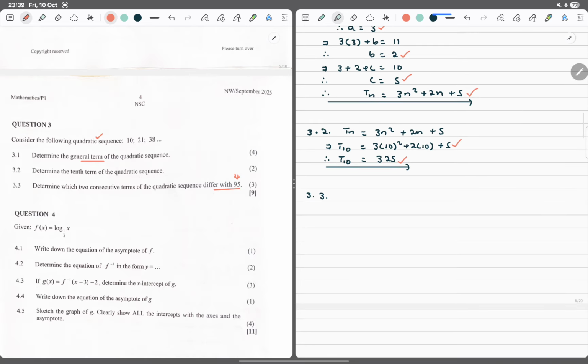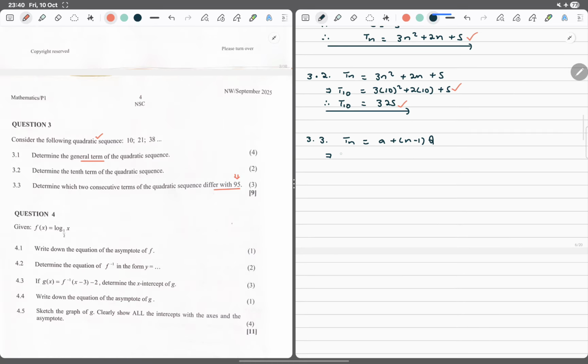So we can just do that without struggling. Say, okay, Tn is a plus n minus 1 times d. So we already know that the nth term here is 95. The first term was 11 in the arithmetic, so we're looking for n. Common difference was 6.